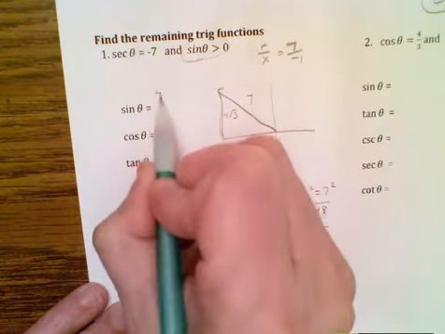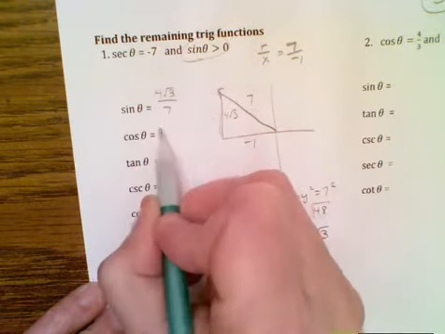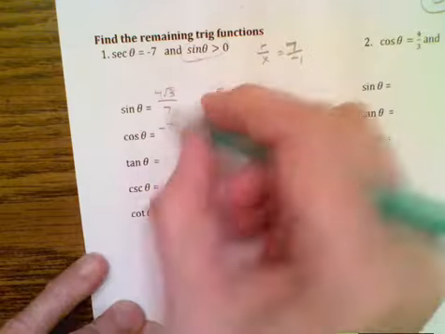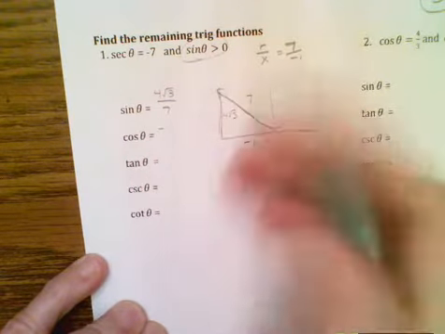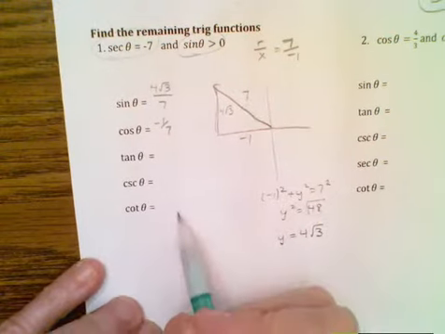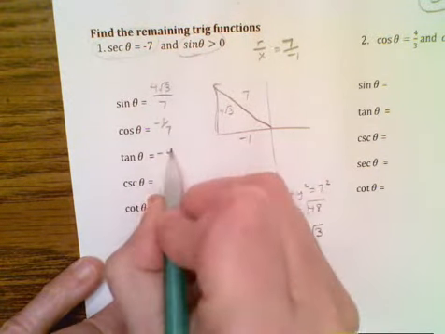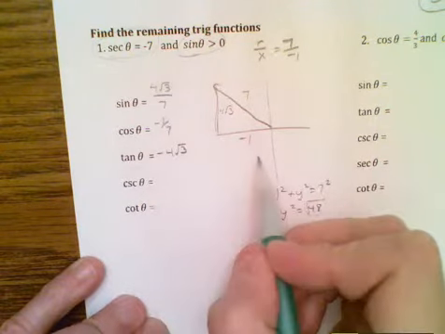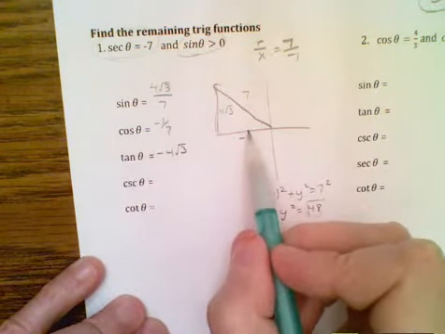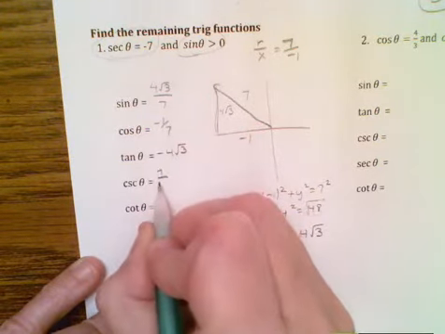Sine is the y value over the r value. Cosine is the x value, which is negative 1 over 7. And that I could have gotten from just knowing it's the reciprocal of secant. Tangent is y over x, negative 4 radical 3. Cosecant is the reciprocal of the sine, so it's going to be 7 over 4 radical 3.